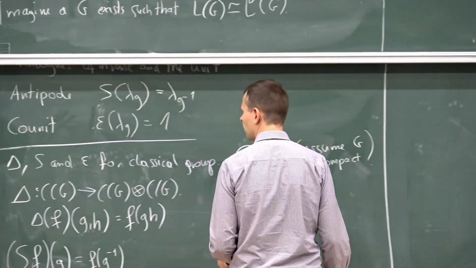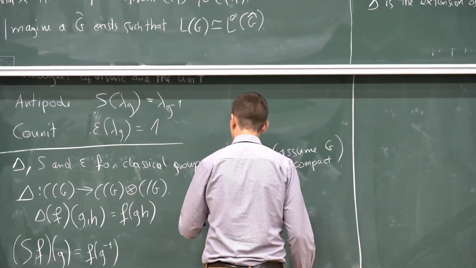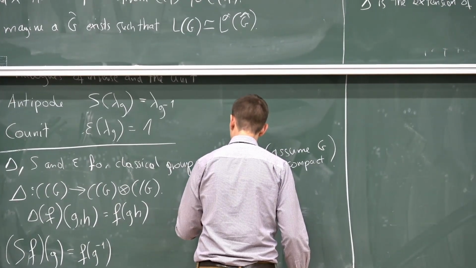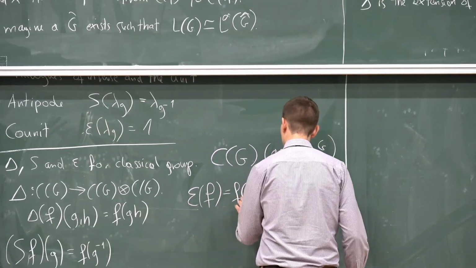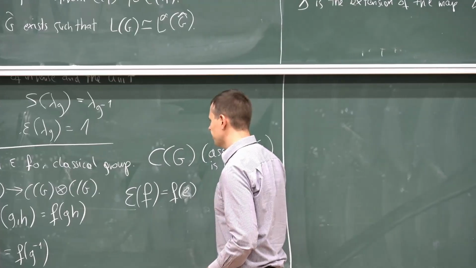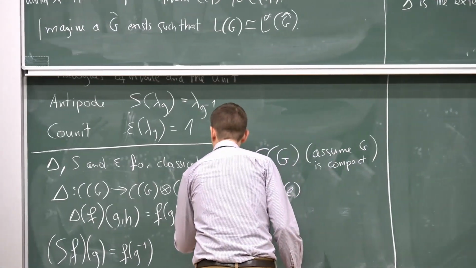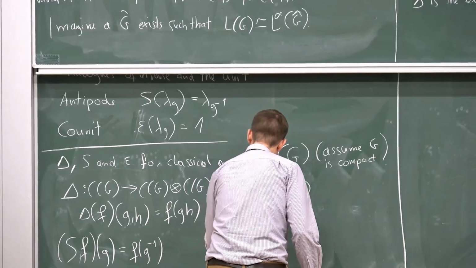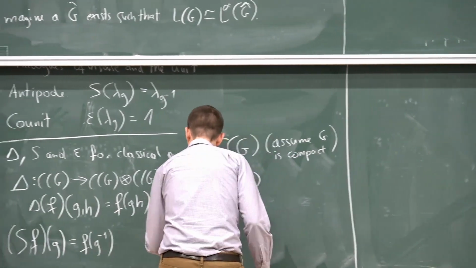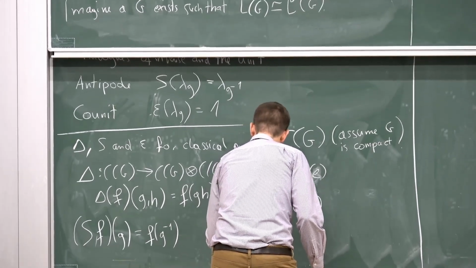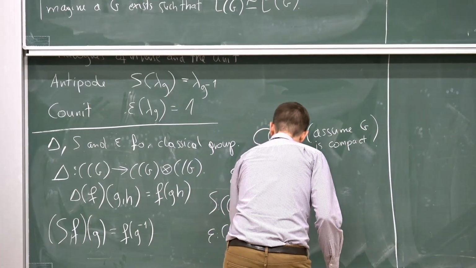And the last one is the counit epsilon. So epsilon will be just the evaluation. So epsilon of f will be just evaluation at the unit. So S is a map from C of G to C of G, and epsilon is a map from C of G to C.